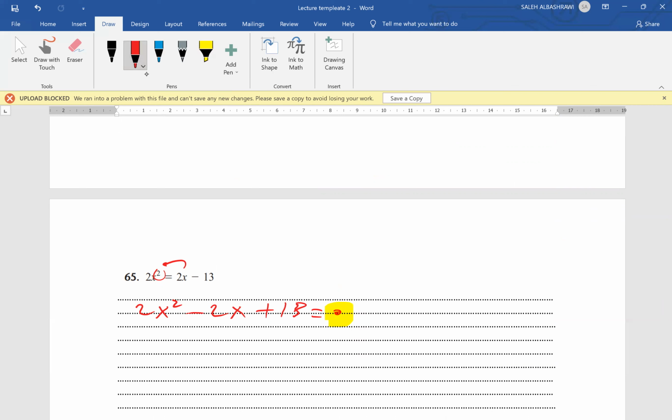Now a equals 2, the coefficient of x squared, b equals minus 2, and c equals plus 13.